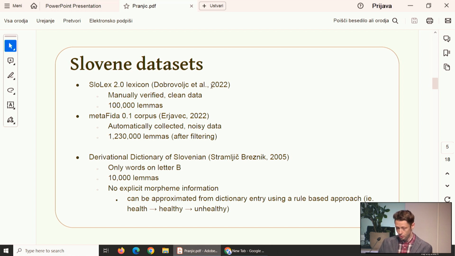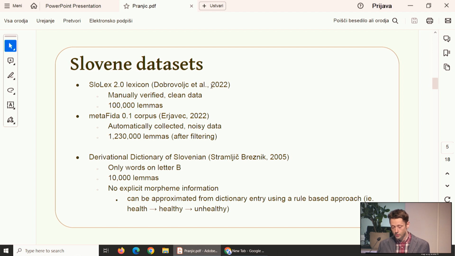So a short slide with the data sets that we used in this work and that we tried to leverage in developing the automatic system. In the previous slide, we already met all of those. So it's a Slovene lexicon. It's very clean data, manually verified, with around 100,000 lemmas.